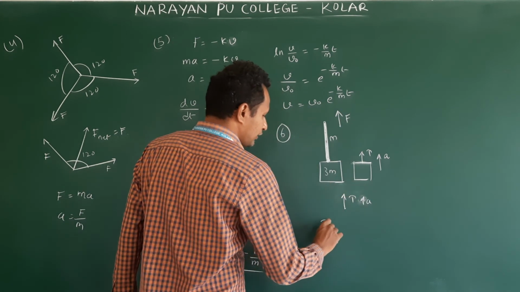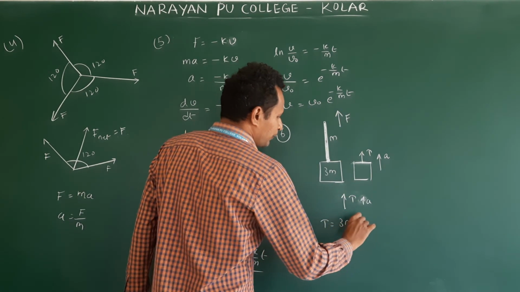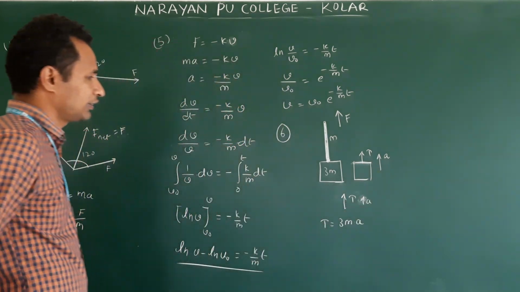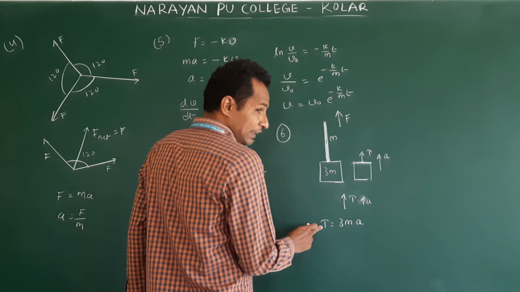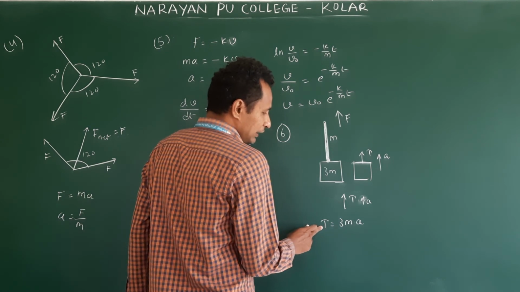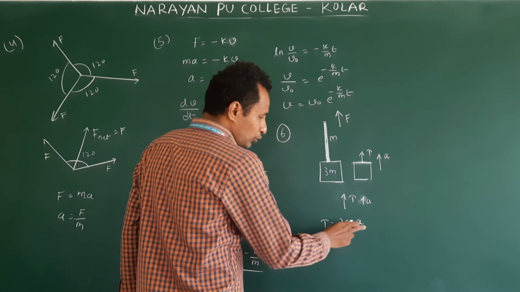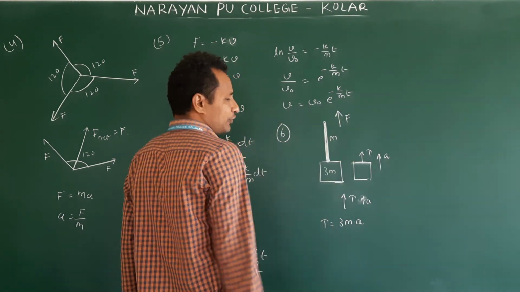Then how do you write? T is equal to 3m A. Right? So we need to find T, and to find T we need to know A, the acceleration of the system.